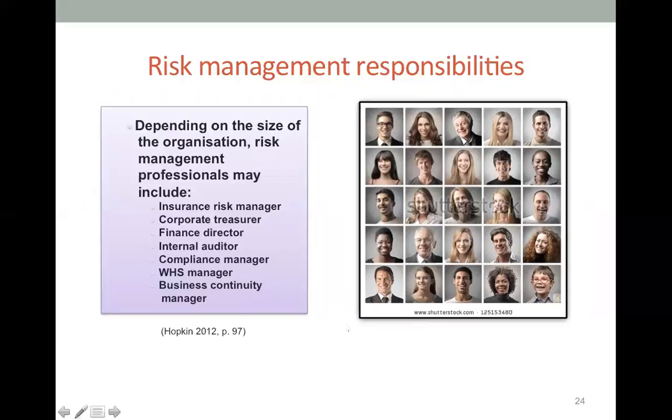Depending on the size of the organization, it may include the risk management professionals, the insurance risk manager, corporate treasurer, or WHS manager.